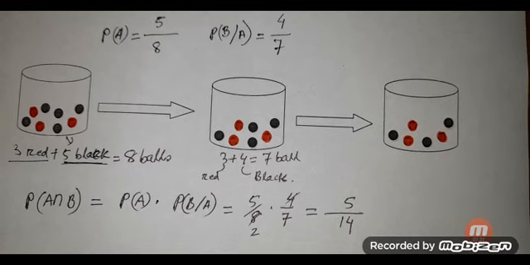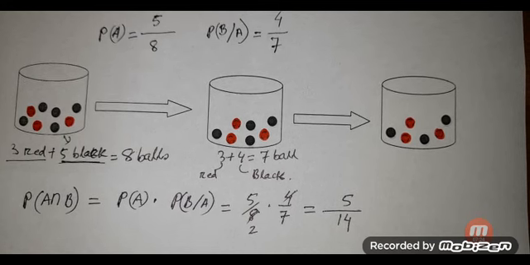Now here we have got the probability of happening of A and B.